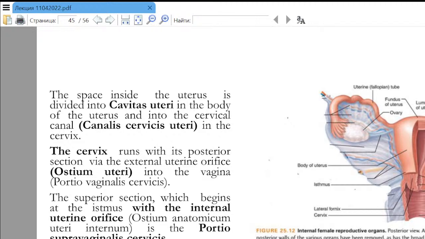The internal uterine orifice and external uterine orifice lie between the cervical canal. The external uterine orifice is bounded by the anterior and posterior lip, labium anterius et labium posterius.